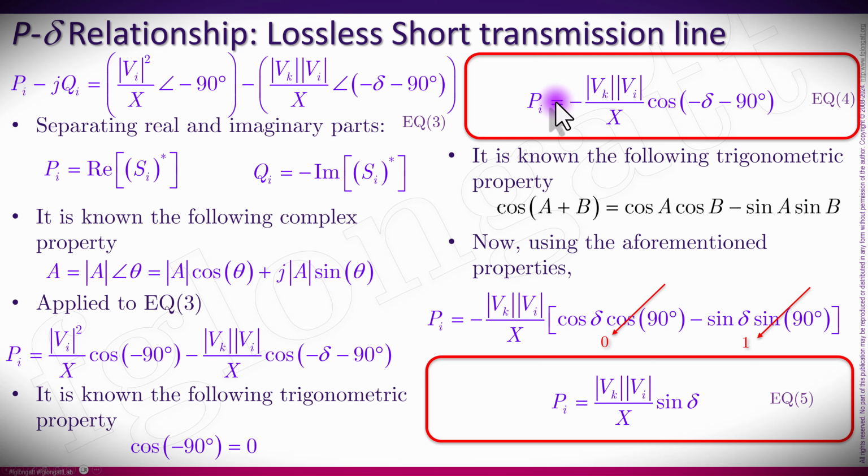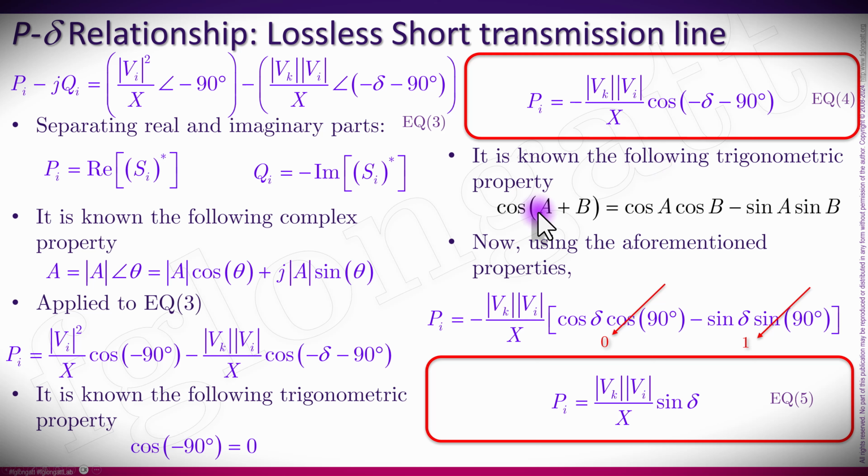As you can see, the equation is minus Vk multiplied by Vi divided by X, cosine of minus delta minus 90 degrees.